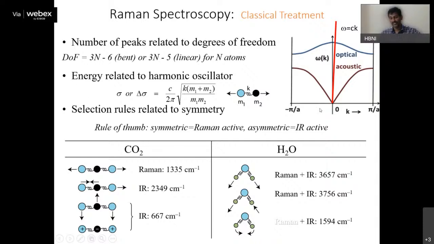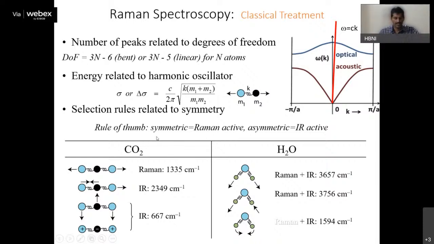So 3n-3 optical modes, and the 3 remaining modes are acoustic. Also, in the harmonic approximation, this is related to mass with this formula. So you can distinguish isotopes with Raman or IR spectroscopy, because the mass will be different, and that will lead to spectra at a different location.